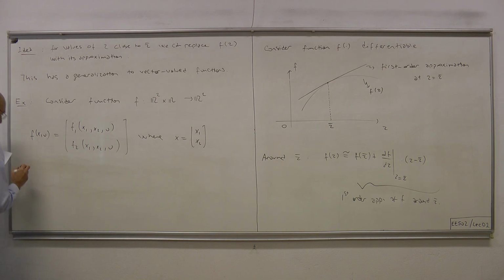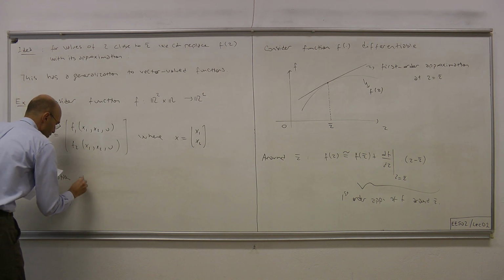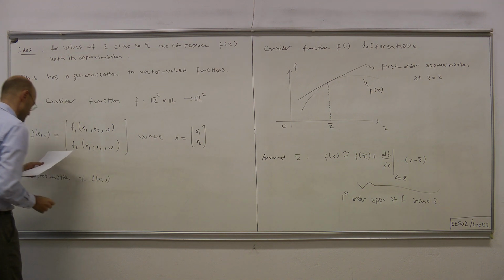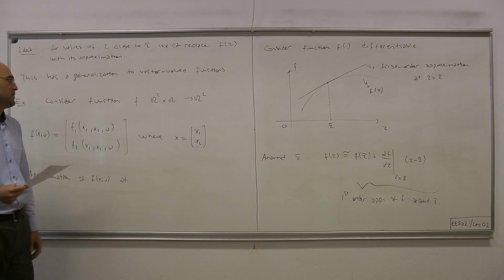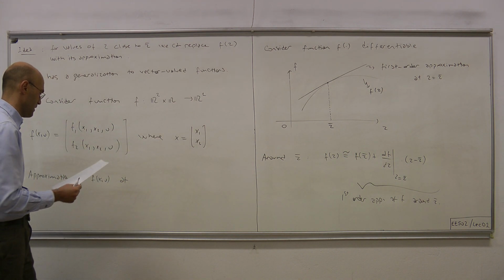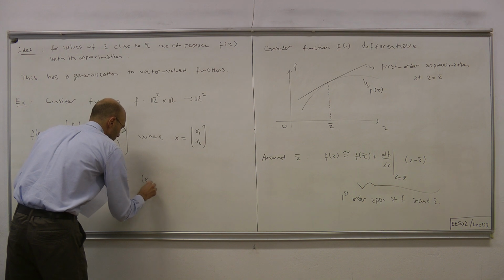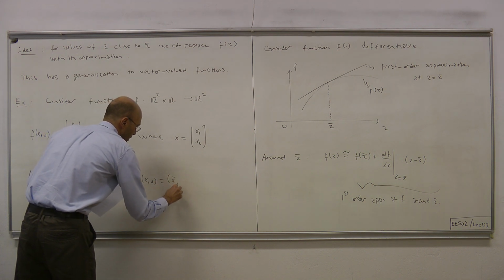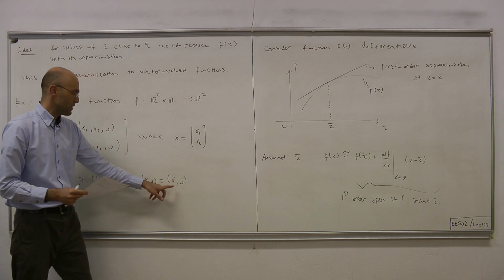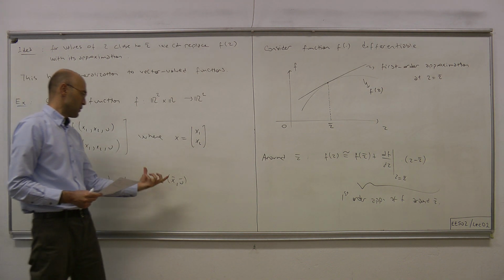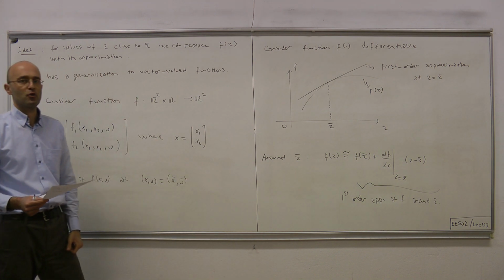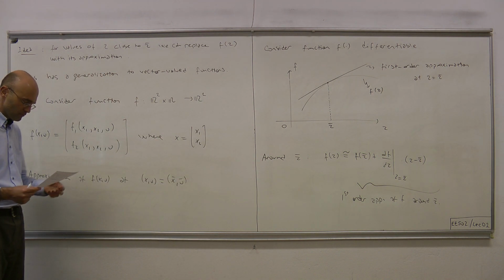Now the question is, what's the first order approximation, if there is one, of f of xu at some particular point in this space, R2 times R. At xu equals x bar u bar, some fixed point in R2 and some fixed point in R. Or together, you can consider them as a single vector, and we're talking about some fixed point in R3.